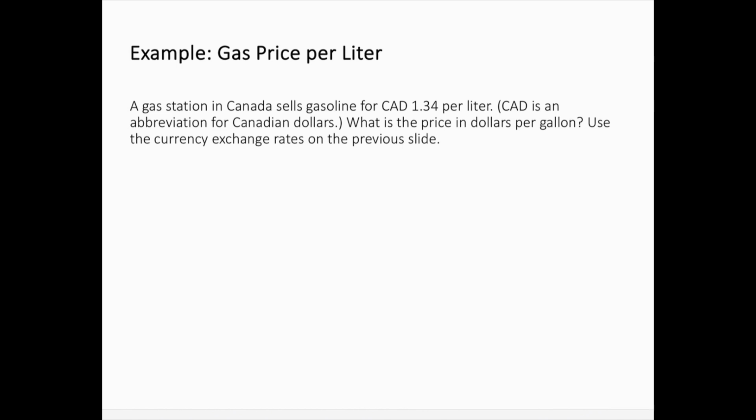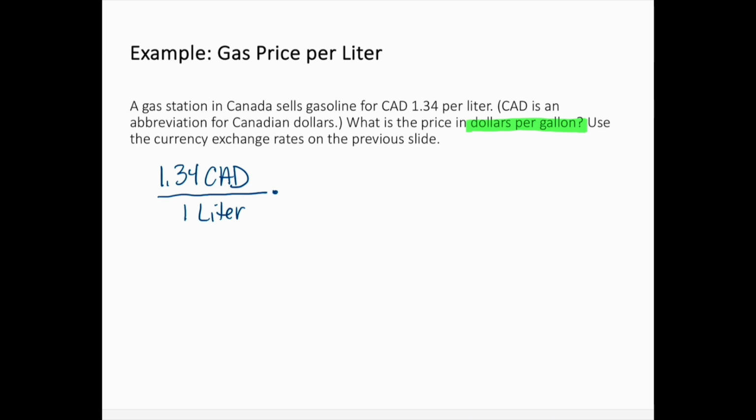We're going to use the currency exchange rates on the previous slide. So we have Canadian dollars, 1.34, and that is per liter, so that's 1 liter down here. We need to change Canadian dollars into US dollars, and we need to change liters into gallons. So this is what we eventually want to get, dollars per gallon.